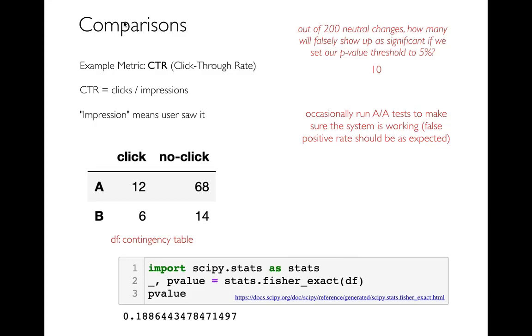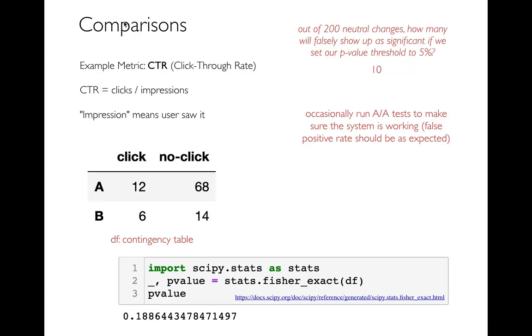Another thing to think about is whether or not your whole testing framework is giving you reasonable p-values. We have to make all these decisions, for example, like how do we split up our traffic into going to either A versions or B versions. And so a best practice is that you should run AA tests. Well, not occasionally, you should do it a lot. You should run all these AA tests where A and B are exactly identical.